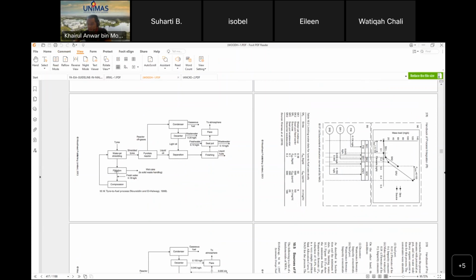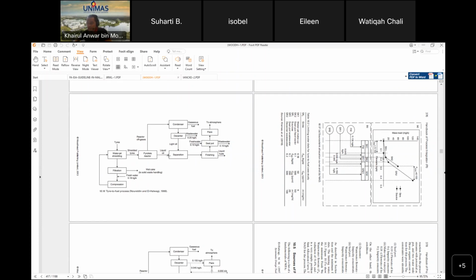The water for water jet shredding goes to filtration. The wet cake goes to solid waste handling. The fresh water is 0.1 kilogram per second to compression. Then 0.18 will go back to the water jet shredding plus fresh water.